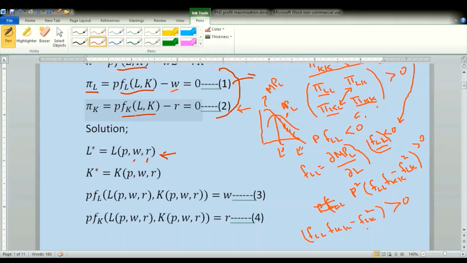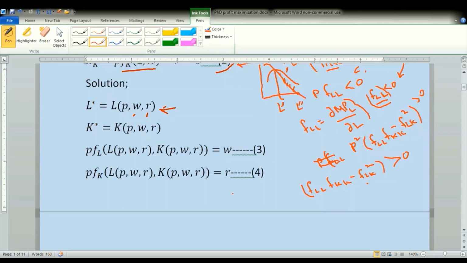So the solution to the profit maximizing problem is the set of factor demand functions, the long run factor demand functions.